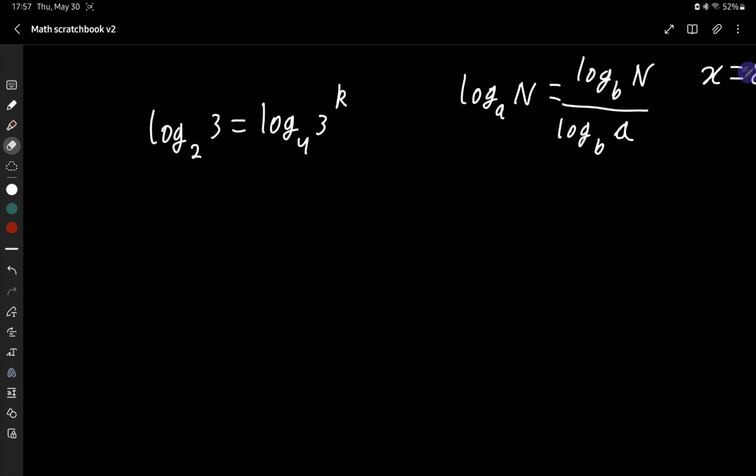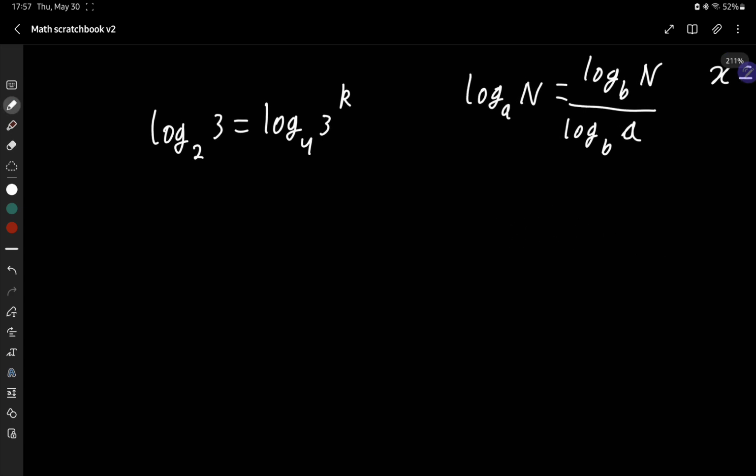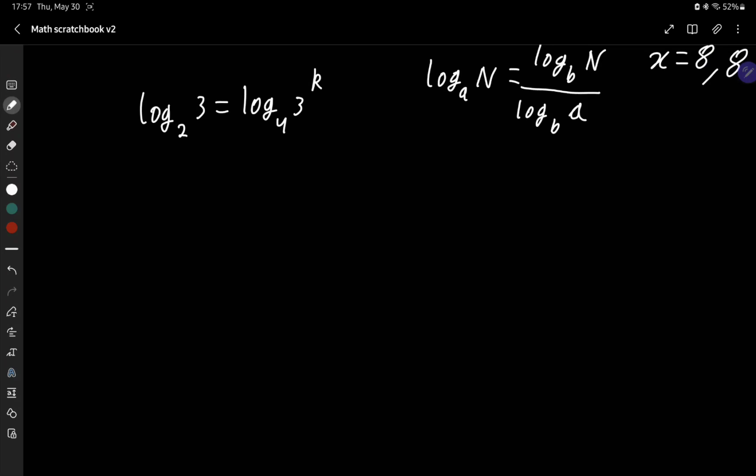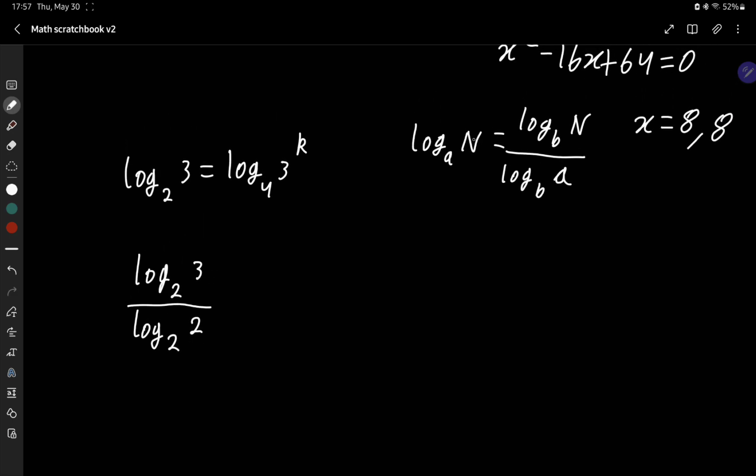But in this example, we want to make sure that we get one that's a factor of these two numbers. So if we split up each of these, for the left side, we get log base 2 of 3 over log base 2 of 2. Because remember, you have the constant, which is 3, on the top, and then you have the base on the bottom, which is 2.